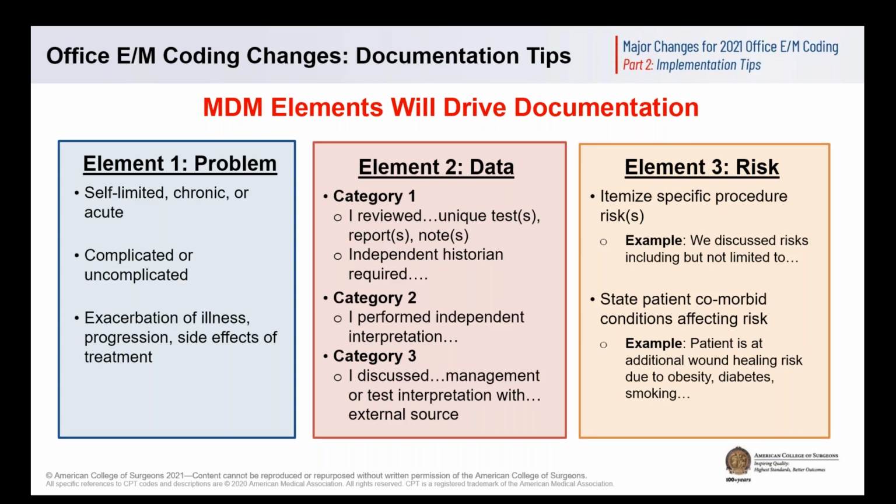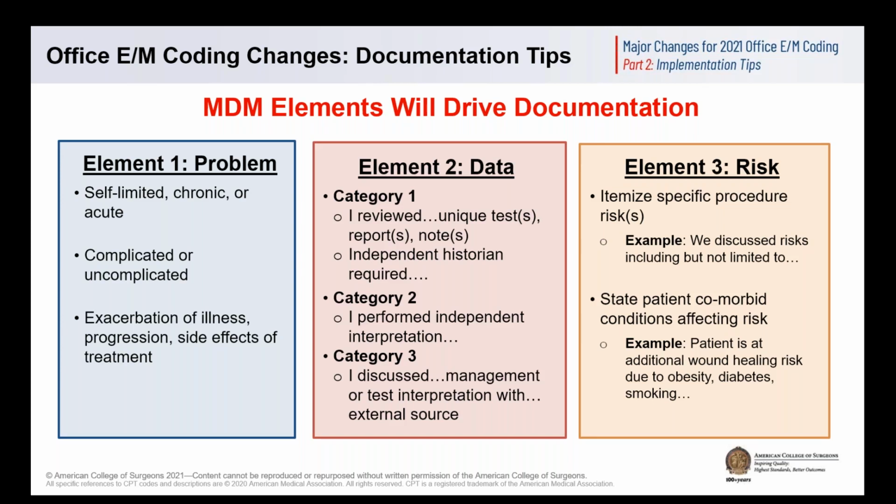Under those circumstances, it cannot include interpreting something that you can independently bill for. If you're doing an ultrasound in the office and coding for that ultrasound, you don't get to use that category of independent review for something for which there is an existing CPT code. And then there's discussing your management with an external source, meaning not one of your partners or someone within your same specialty.